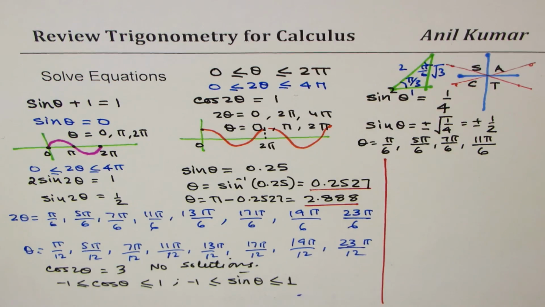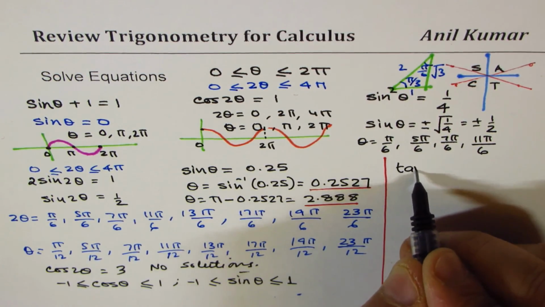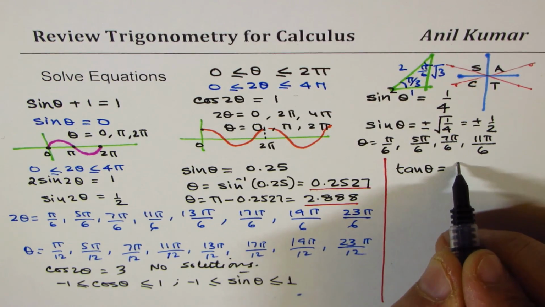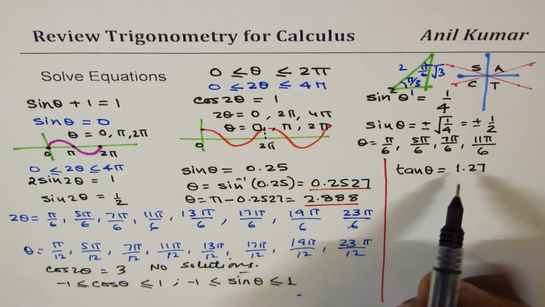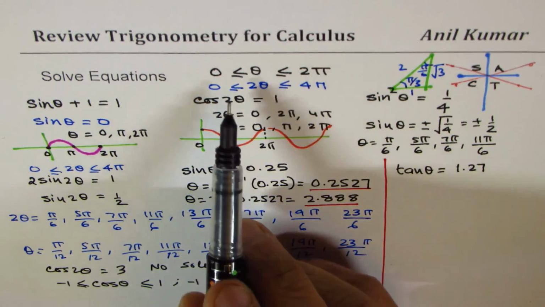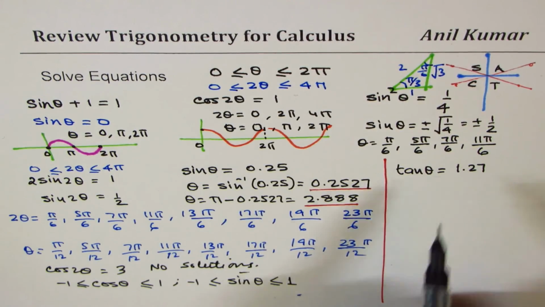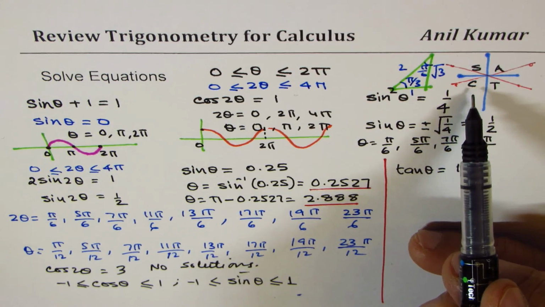So let's take one more example. Let's find the answer for tan theta equals, let us say, 1.27. I need to find solutions between 0 and 2 pi. So tan is positive in quadrant 1 and in quadrant 3. The period for tan is pi.